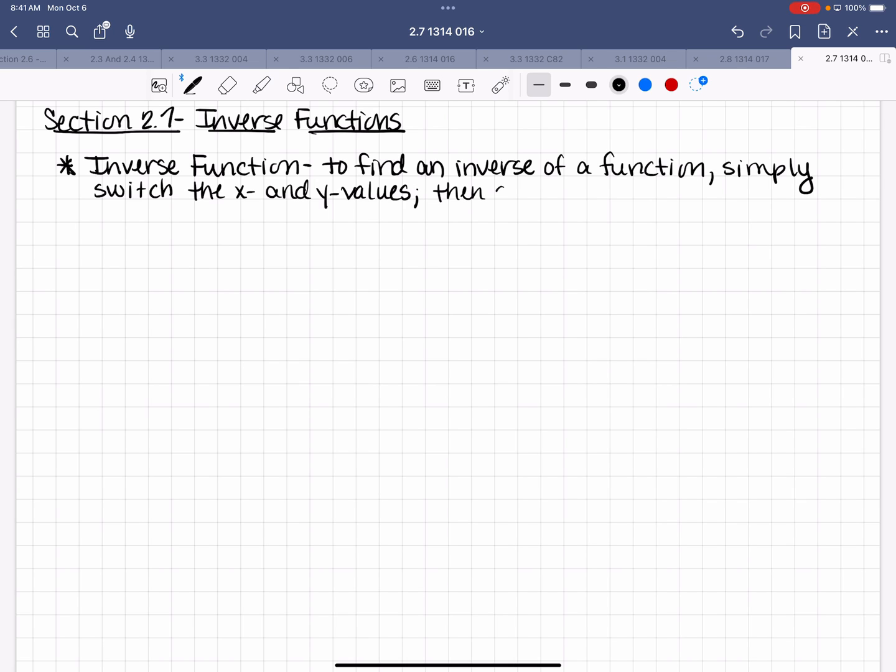Then solve for y. We denote the function itself, of course, as f of x. And then we will denote its inverse as f with a little minus 1 at the top, x. And that is the inverse of f of x.